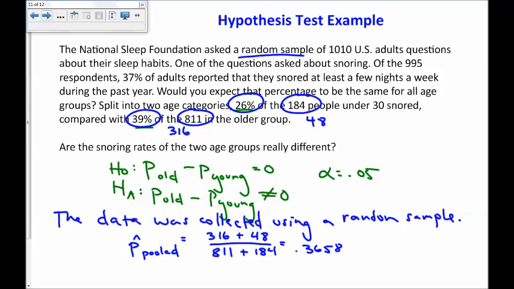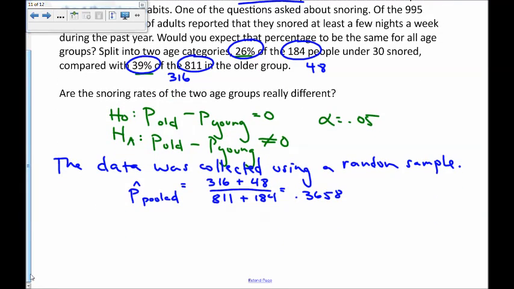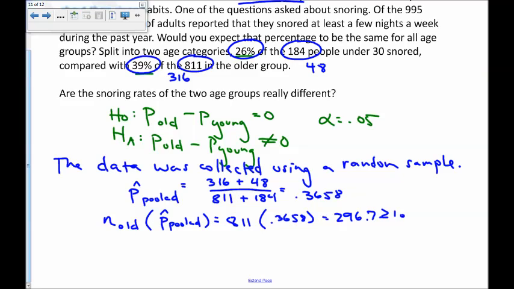So yeah, that's good enough. Let's go down here and look at n old times p hat pooled. Now there were 811 people that were over the age of 30 times the pooled value 0.3658, which is about 296.7, which is bigger than 10.